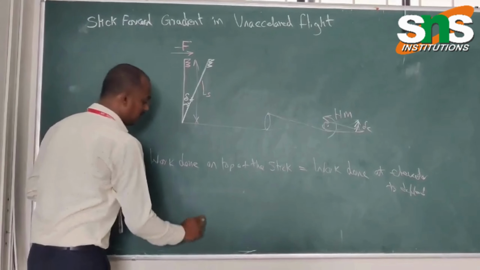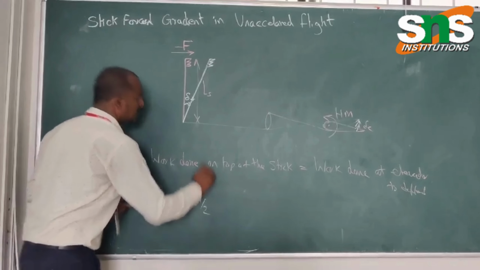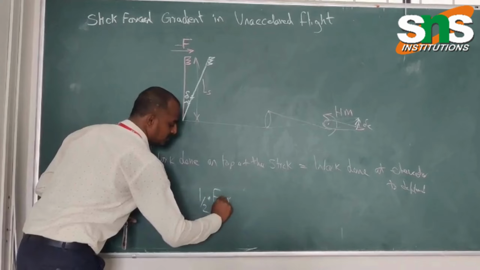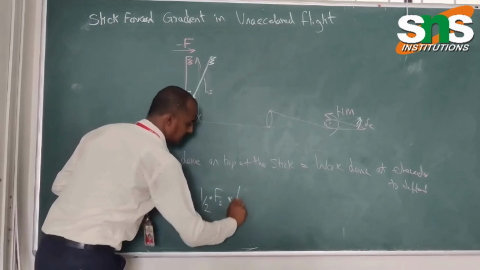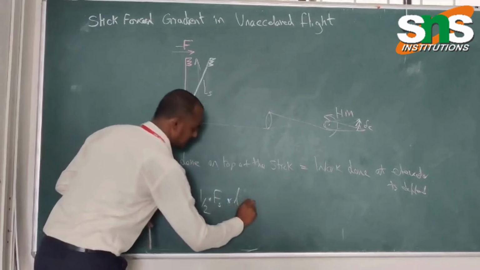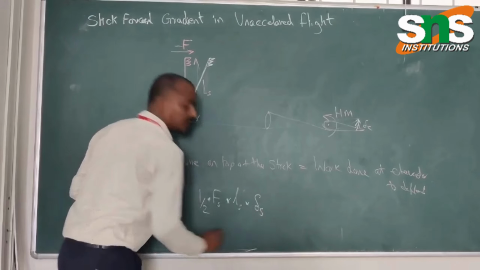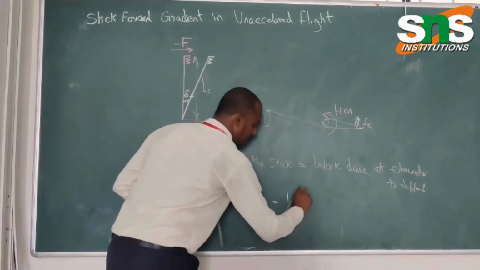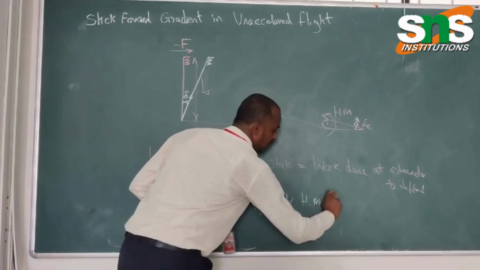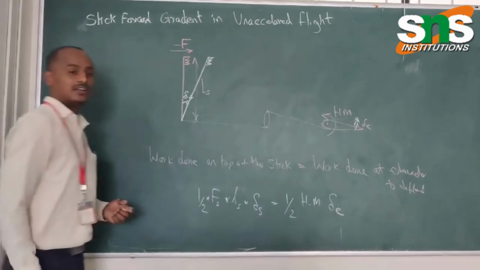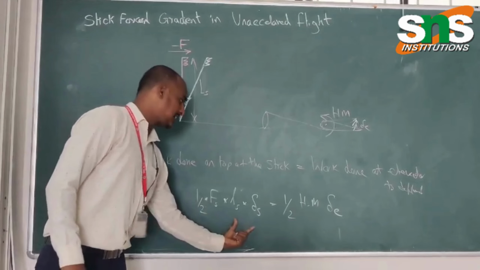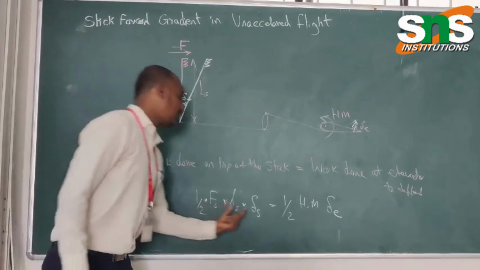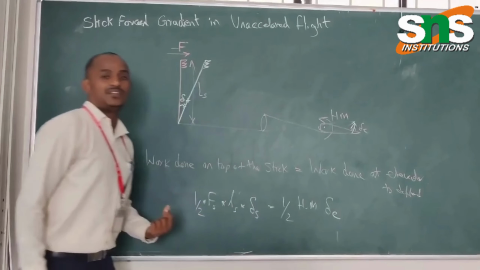So work done will be half times stick force times length of the stick times deflection of stick. That is equal to the work done by the hinge moment times the deflection of elevator. From this we can get the deflection of elevator or the deflection of stick.